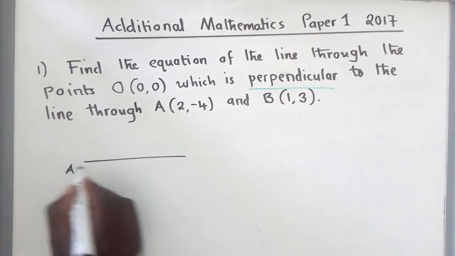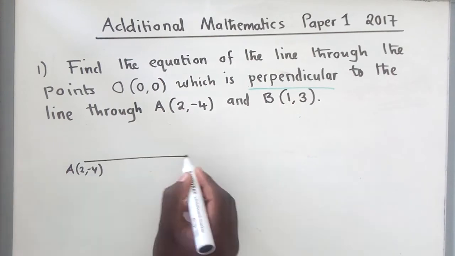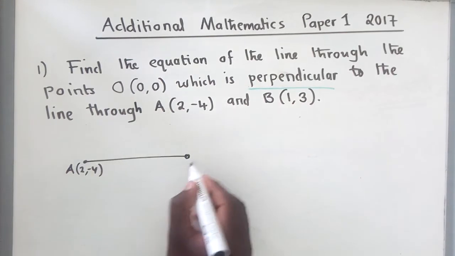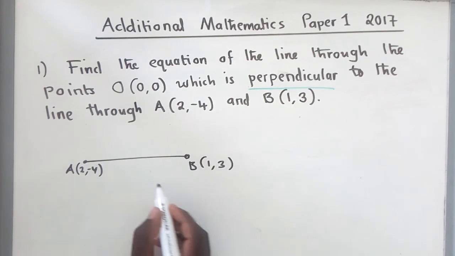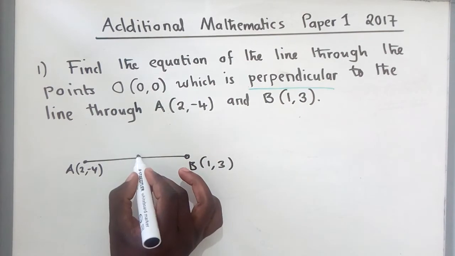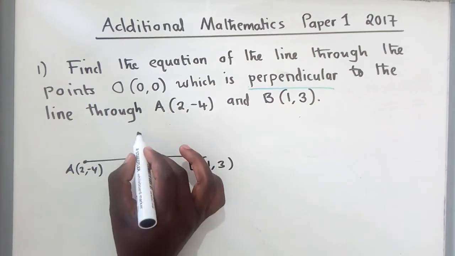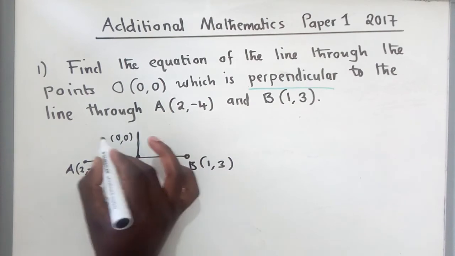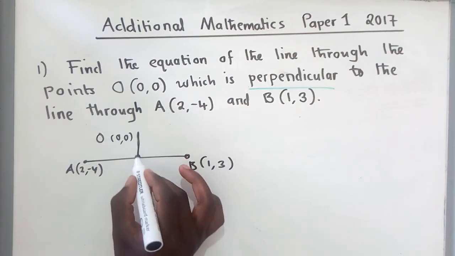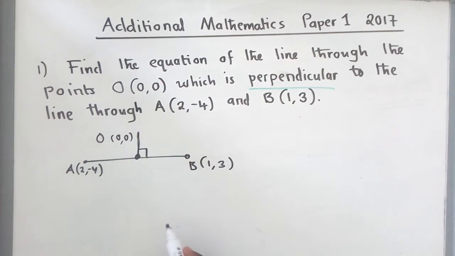So let's say this is A (2, -4), and here B is (1, 3), and here there is a line which is perpendicular, and this line is passing through (0, 0) here. This is point O somewhere. So this is perpendicular. What it means to be perpendicular is that it must form 90 degrees.